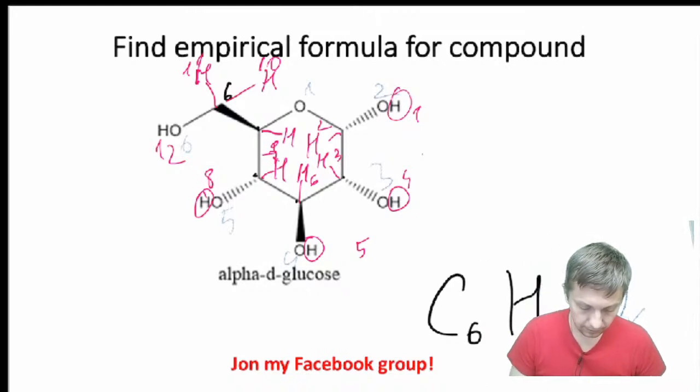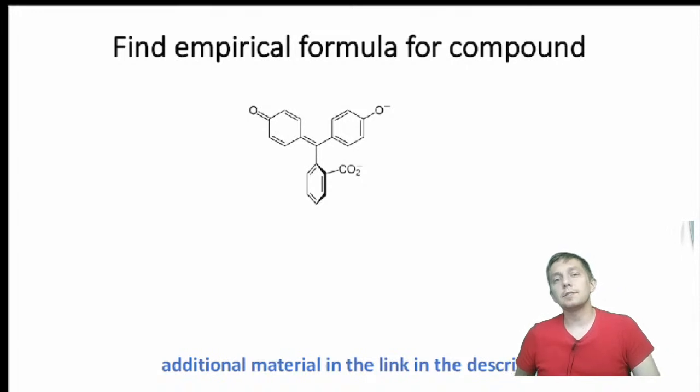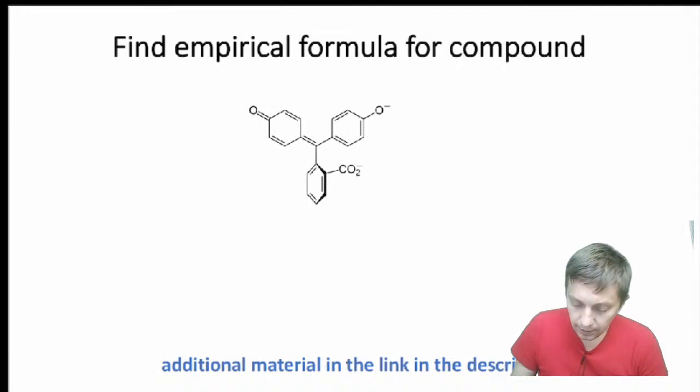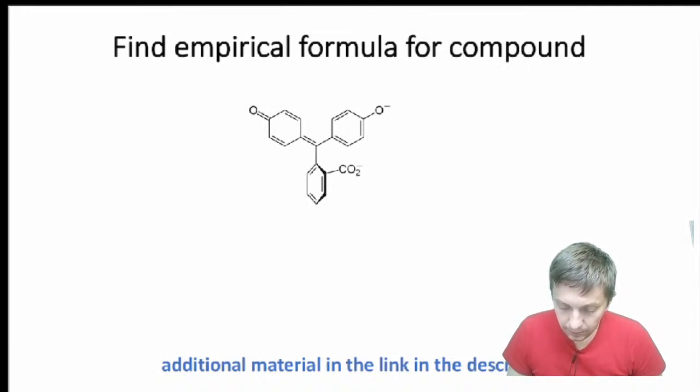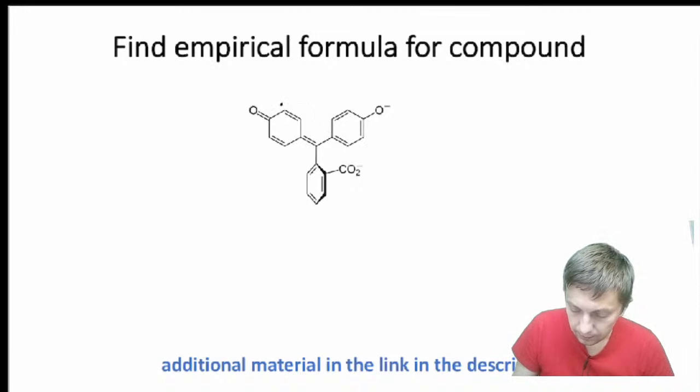And the last one, we're dealing with ions. It's one form of phenolphthalein. It's an acid-base indicator. At first here and here we have 6 carbons each, and in the center, 6 times 3 plus 1.